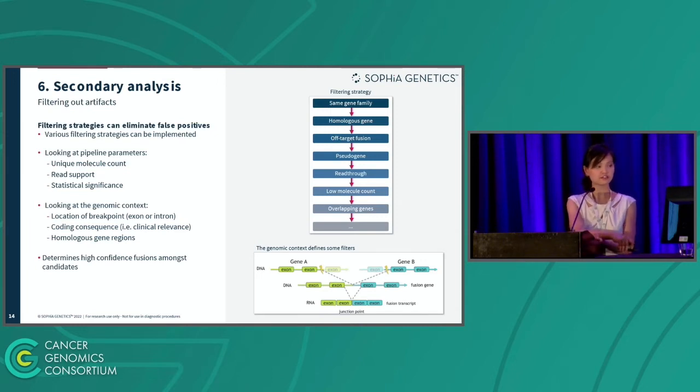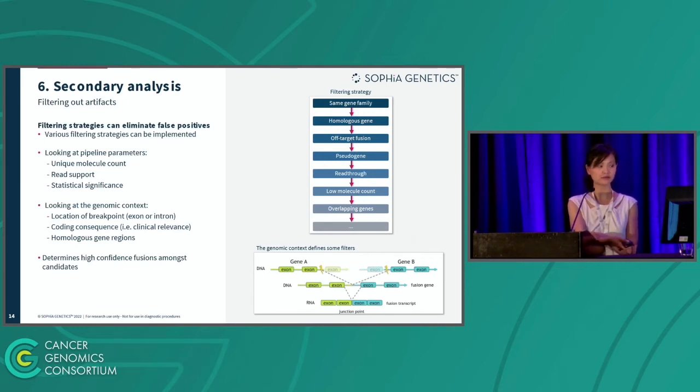Certain filtering strategies can be related to pipeline parameters, so setting a threshold for the number of unique molecule count for a real fusion versus noise, or setting a threshold for read support or statistical significance, so the probability that the event is a real fusion. But there are also nuanced filtering strategies that you can employ, for example, looking at genomic context. So where's the location of the breakpoint of the event? Is it in the exon or intron?